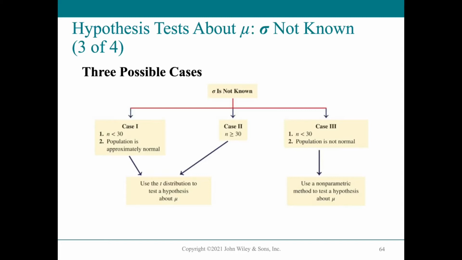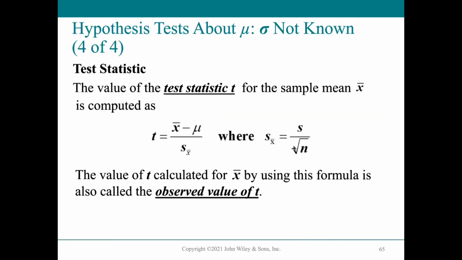But for unknown population standard deviation, we are not using the normal distribution. Instead, we are using the t distribution. Take note of that difference. For case 3, a small sample size and a non-normal population distribution, we use non-parametric methods, but we will not be covering that here.